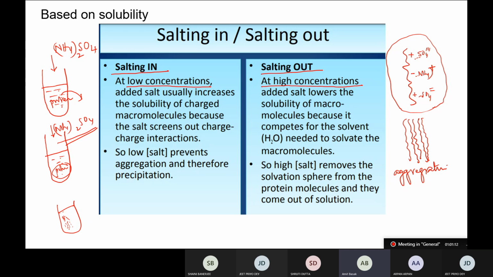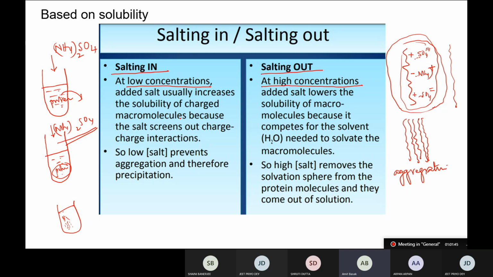Every strand is now stabilized by the ions present in the salt. The aggregation process, which makes the protein less soluble, will not take place, because the charges of every strand are neutralized by these ions of the solute.